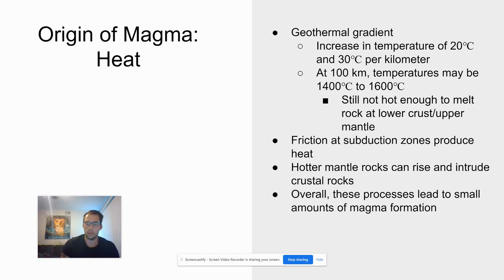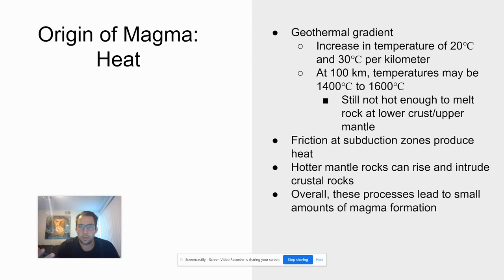So why does magma exist? What causes the rock to get so hot that it's able to flow? The first part is just heat. The idea that as we go down, geothermal gradient means as we go farther down into the earth, there's a natural increasing in temperature that goes on.